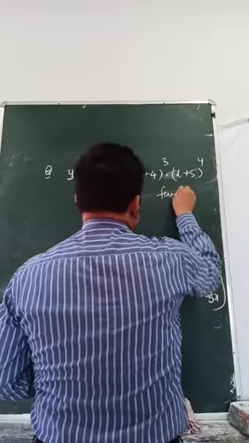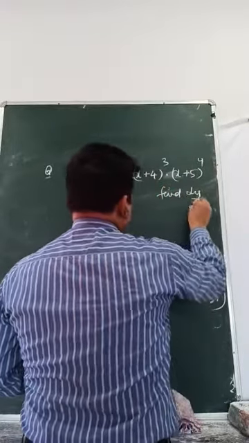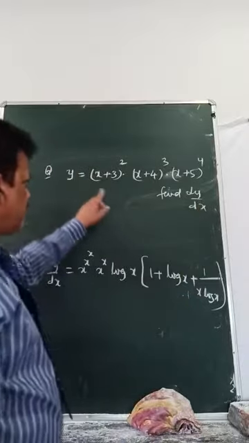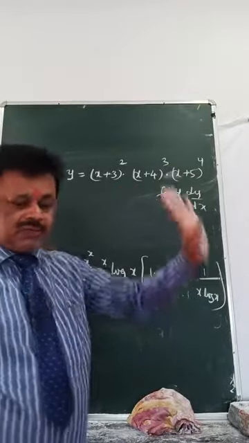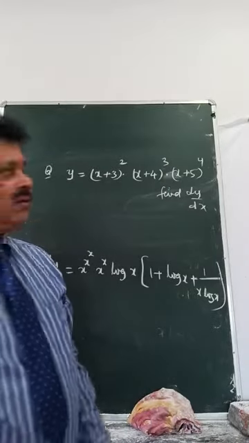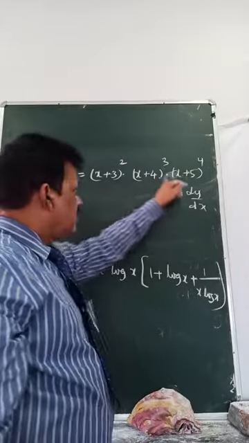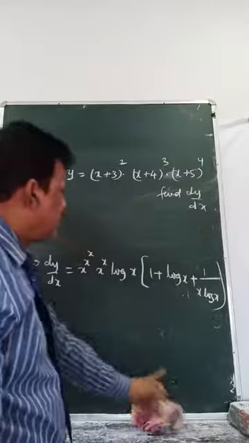Find dy by dx. Look at here. If you expand it or you use the formula of u dv, that becomes more complicated.